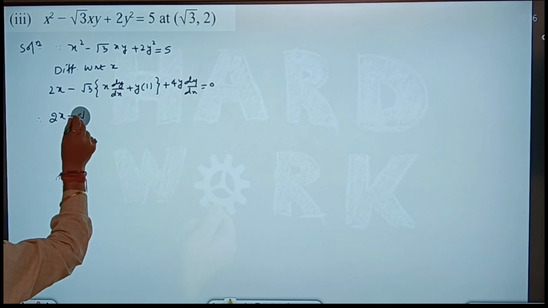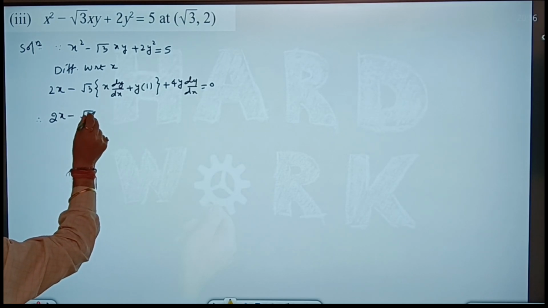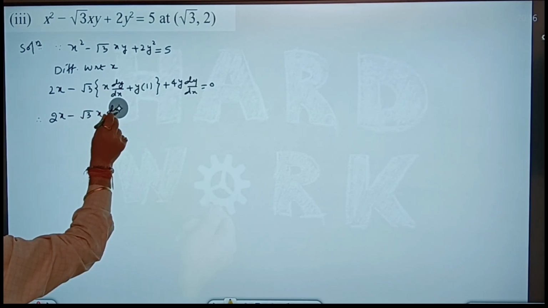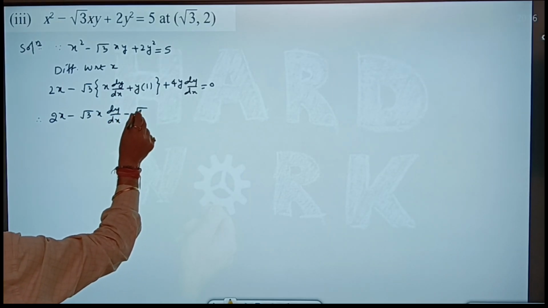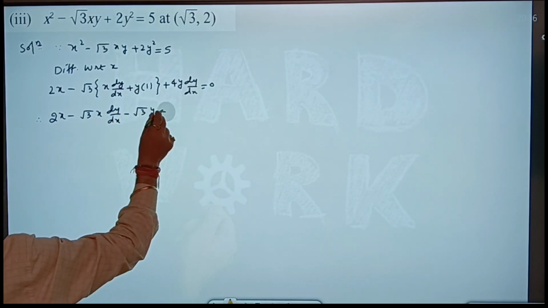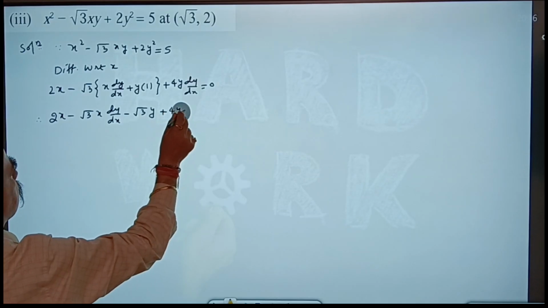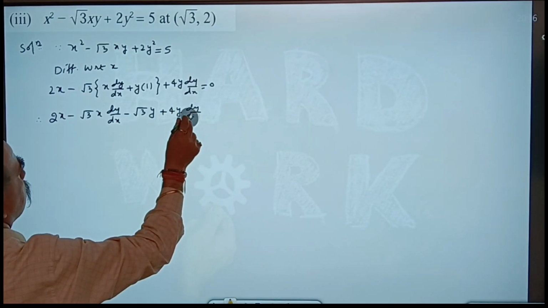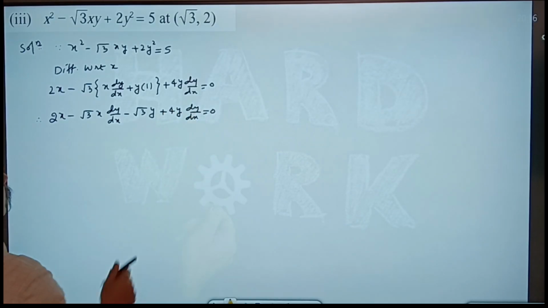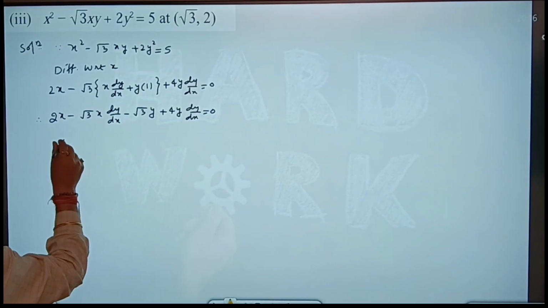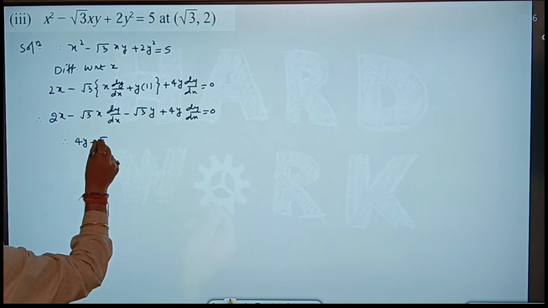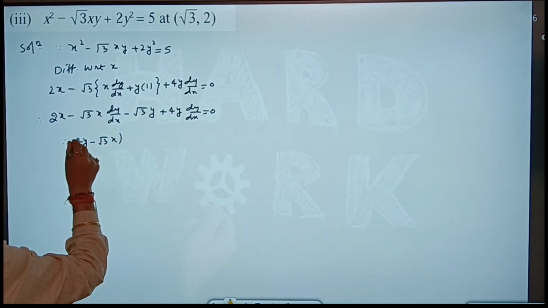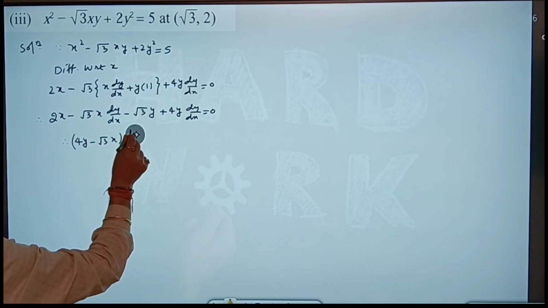2x minus root 3x dy by dx minus root 3y plus 4y dy by dx. Collect dy by dx together. So 4y minus root 3x dy by dx common.